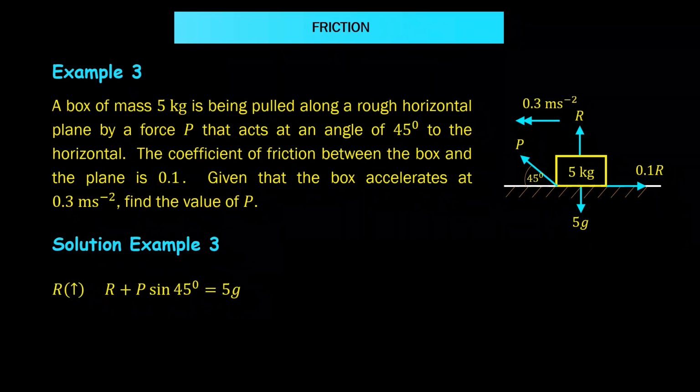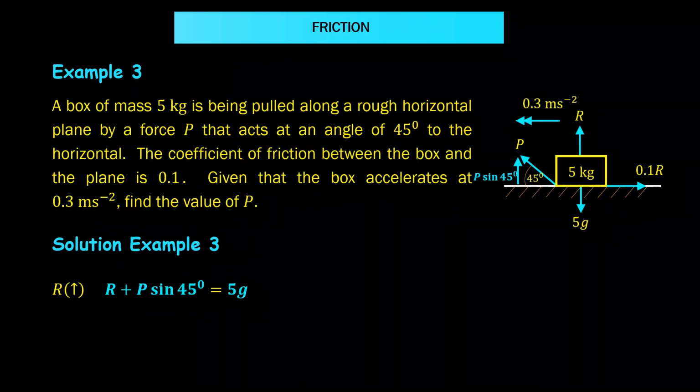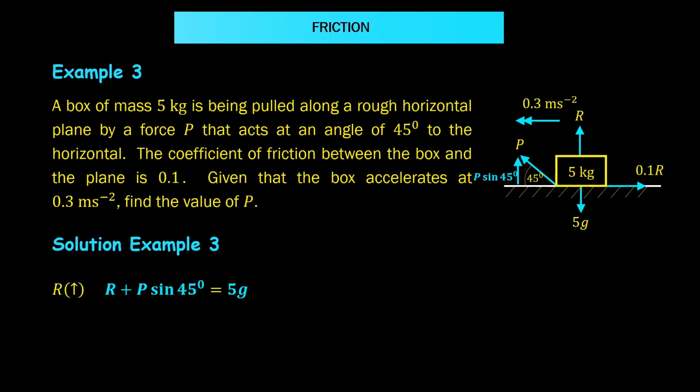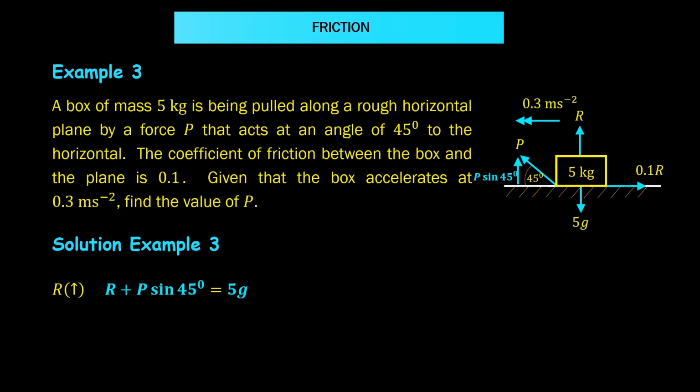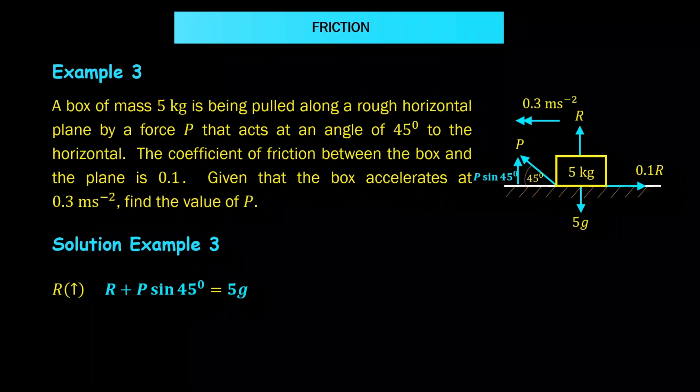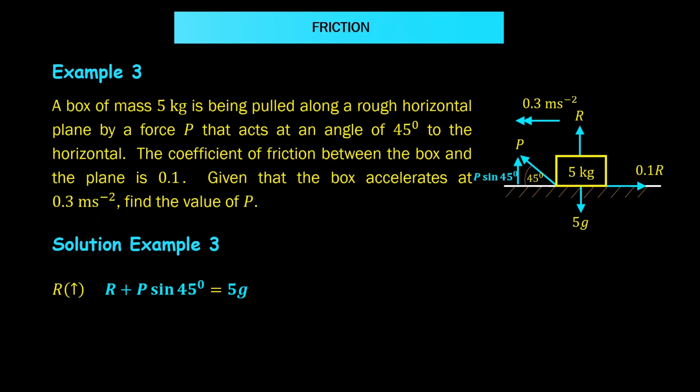If we resolve vertically, taking the forces above the x-axis, we have R plus P sine 45 degrees, and the forces below the x-axis are 5g only. Remember, this is the weight of the box. So we have R plus P sine 45 degrees equals 5g.